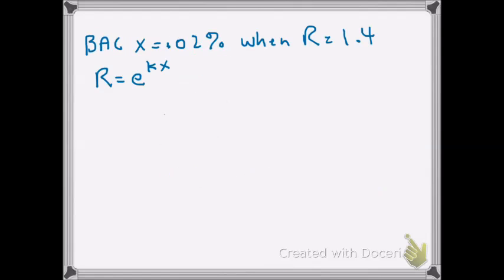Now here's an application of an exponential function. It is a model r equals e to the kx. And we know that x stands for the blood alcohol level in percent.